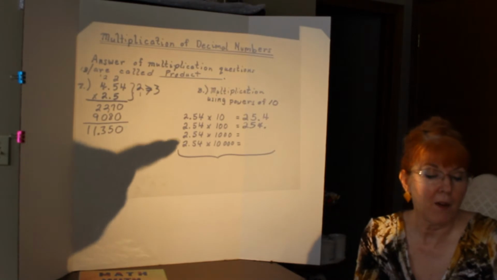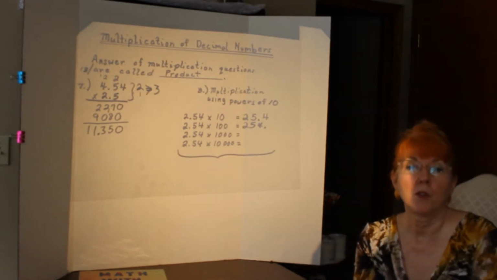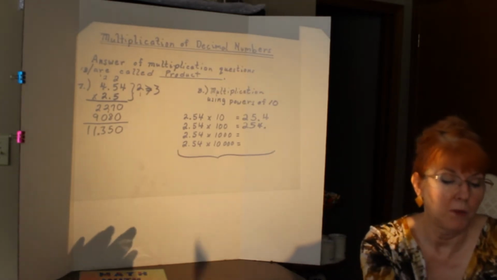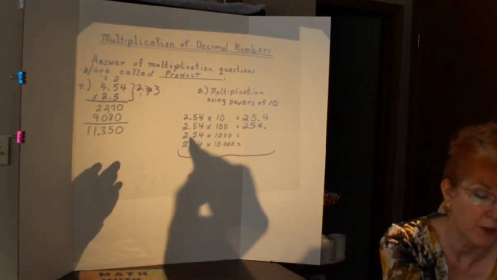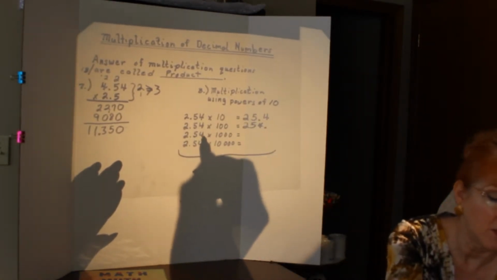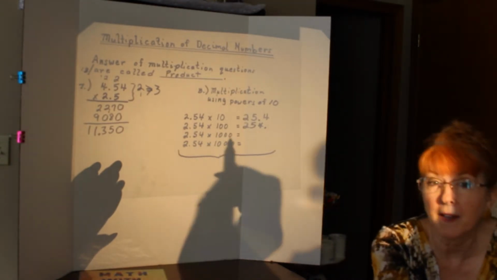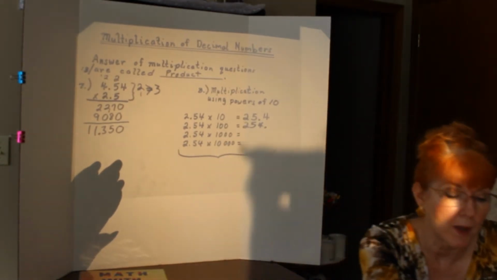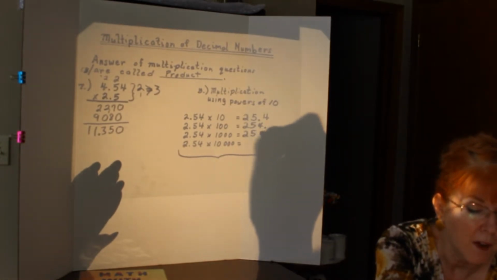And now I have 2.54 times 1,000. So I need to move it 1, 2, 3 zeros. I need to move the decimal 3 places. So that's easy. 1, 2, I'm out of numbers, so you're going to move it the 3rd place, and you're going to put that 0 in. So you're going to end up with 2,540.